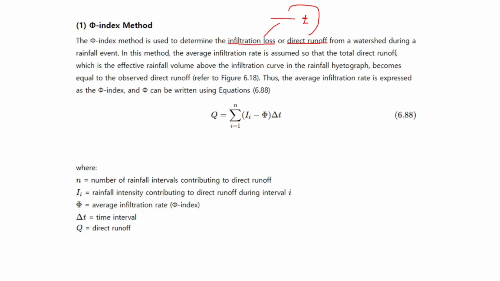In this method, the average infiltration rate is assumed so that the total direct runoff, which is the effective rainfall volume above the infiltration curve in the rainfall hydrograph, becomes equal to the observed direct runoff.